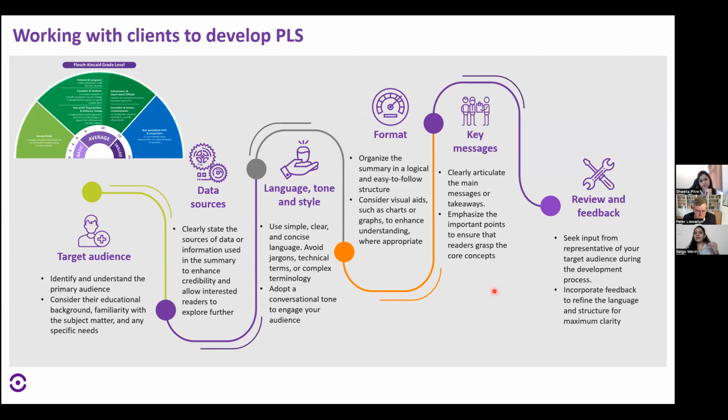Similarly, even a PLS would follow some kind of a format. So that format has to be captured, especially when you're making a full-length PLSP. In that case, you will have a lot of visual aids, you will have a lot of graphic designing elements involved. So deciding the format will help reduce the timeline and create better PLSs with a shorter timeline.